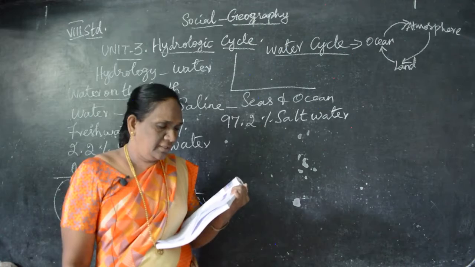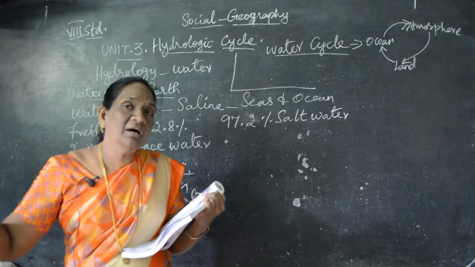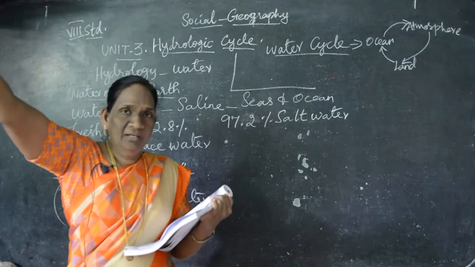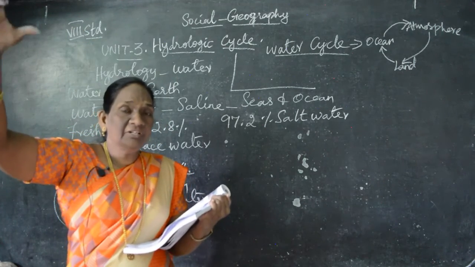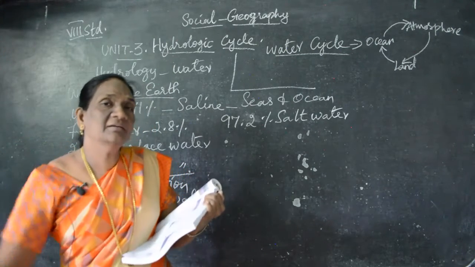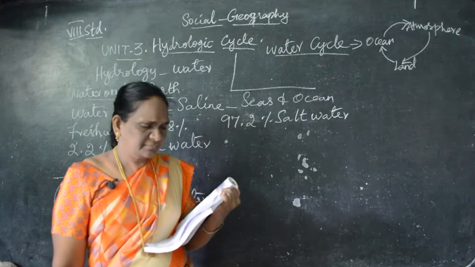Understand? Okay. Then the water vapor that evaporates cools down in the atmosphere, condenses, and after condensation it chills. Understand? Again it comes to the ground through precipitation.